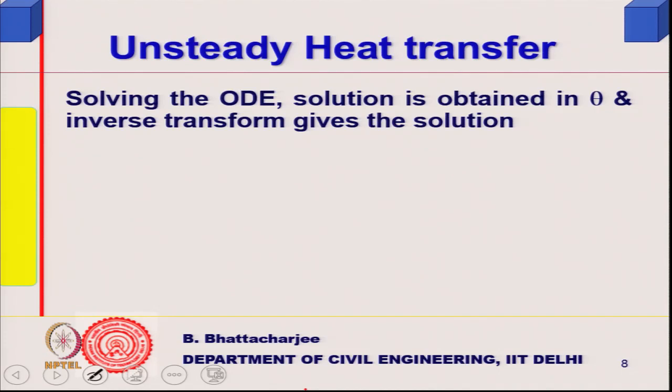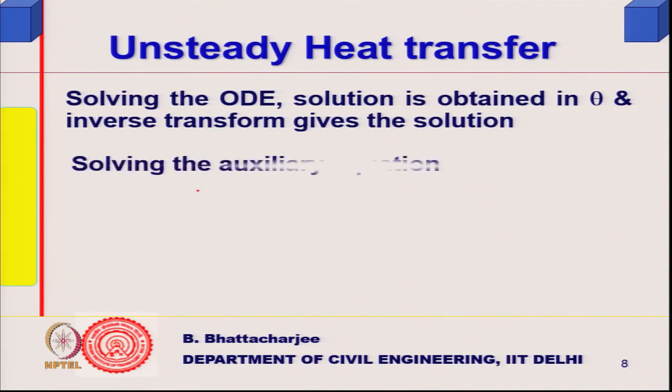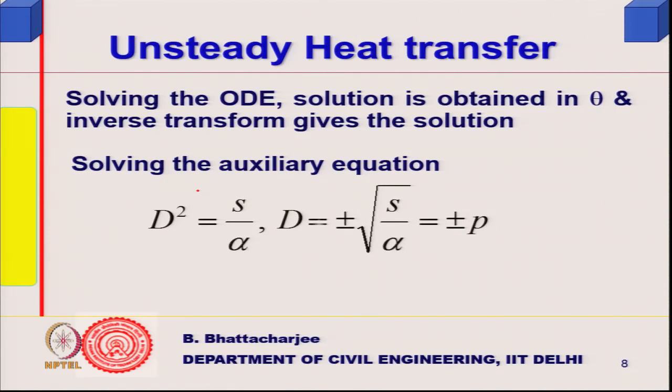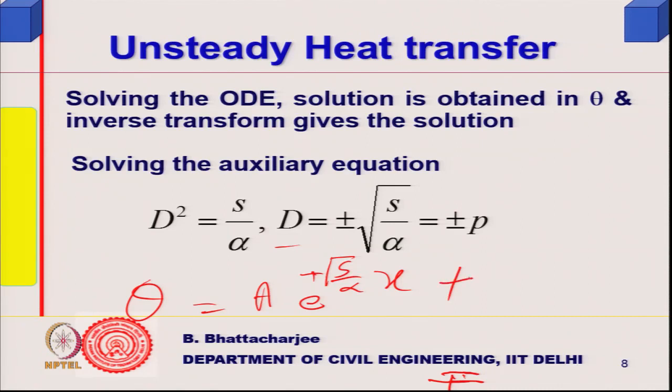This ODE would be solved by solving the auxiliary equation, D square equals s by alpha. So the solution of theta would be a e to the power under root s by alpha x plus b e to the power minus under root s by alpha x.